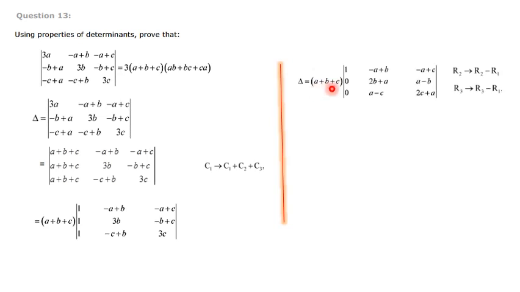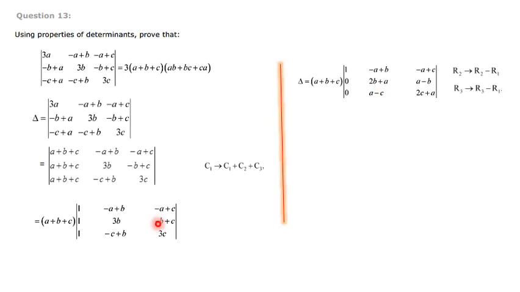Delta is equal to (a plus b plus c) into, first row remains the same: 1, minus a plus b, minus a plus c. And the second row, that is R2 changes to R2 minus R1. That is 1 minus 1, 0. Next is 3b minus of (minus a plus b), that is 3b plus a minus b, that is 3b minus b is 2b, 2b plus a.